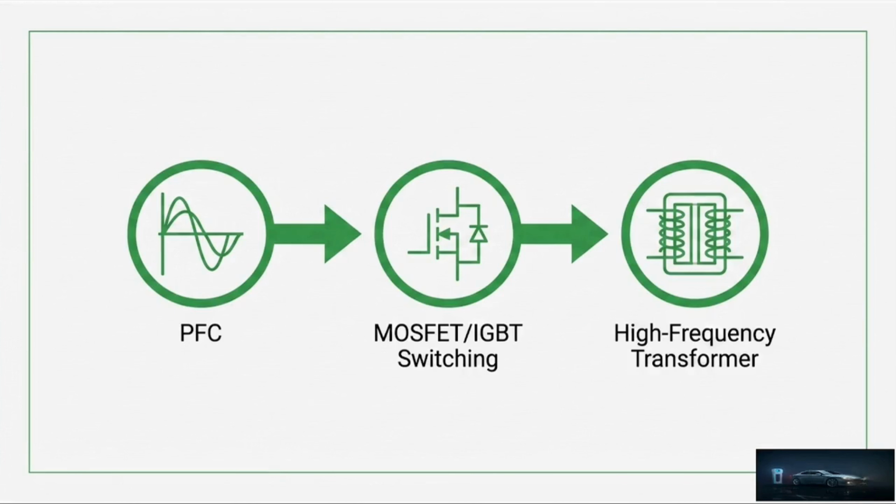So the question is, we already made DC, then why change it again? I would like to give one example to understand this. Imagine you have a flashlight battery.